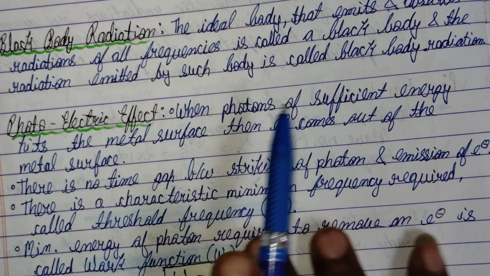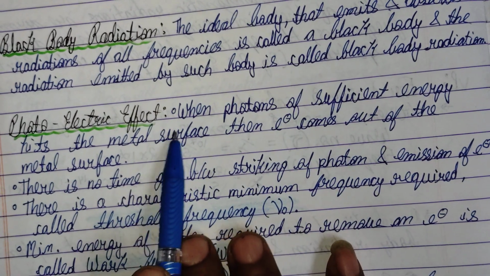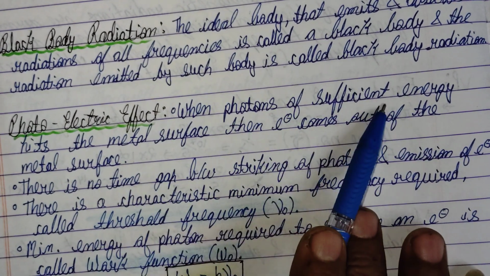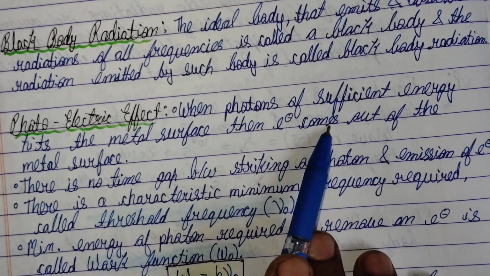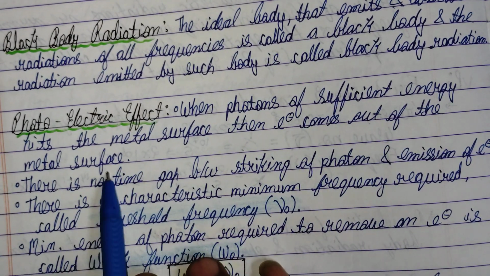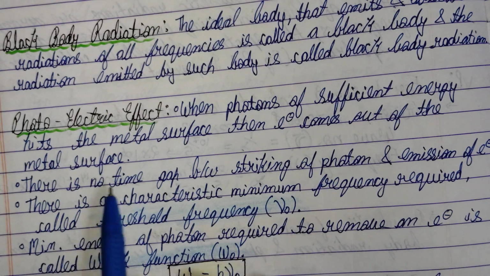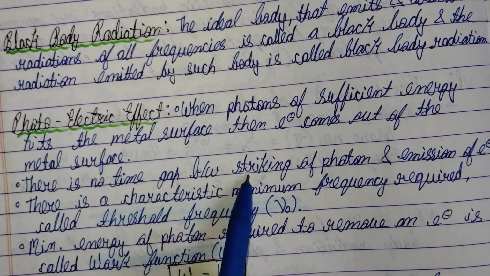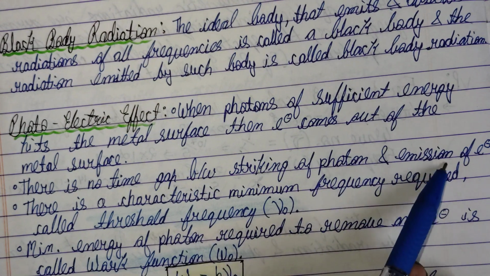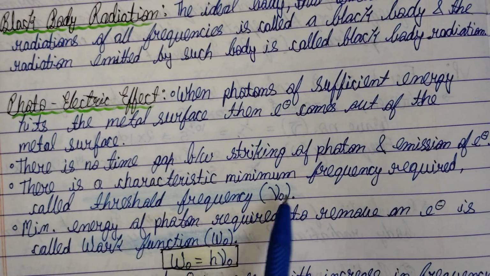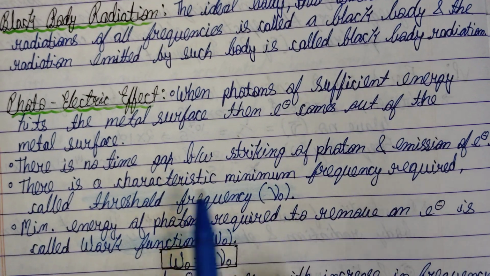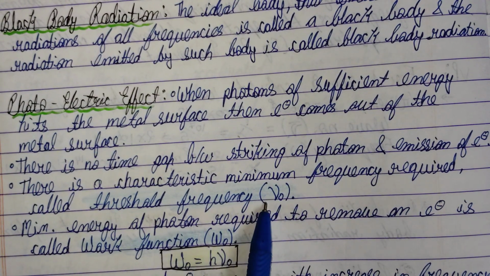Next is photoelectric effect. When photons of sufficient energy hit the metal surface, then the electrons come out of the metal surface and there is no time gap between striking of photon and emission of electron. There is a characteristic minimum frequency required, called threshold frequency.